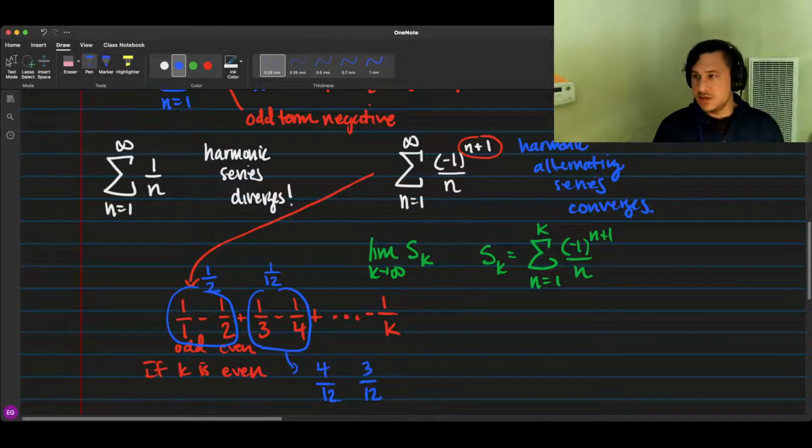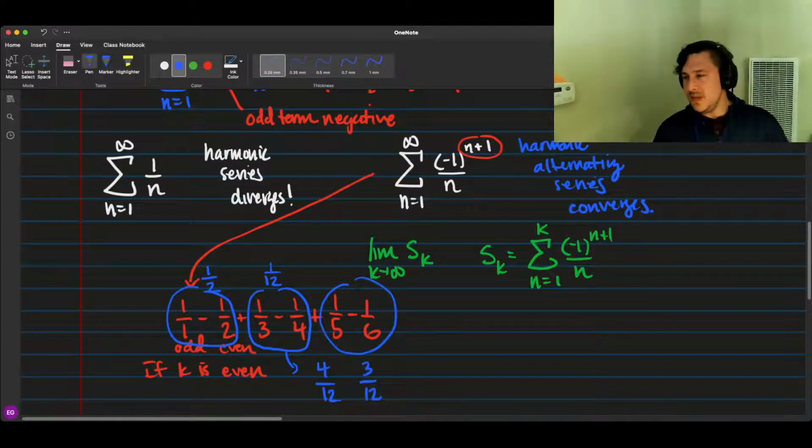And then let's put a couple more terms. So then you would get 1/5 minus 1/6. Is the least common denominator of 5 and 6 30ths? I want to say yes. Okay, cool. So that's going to be 6 minus 5. So you see how that's 1/30th?